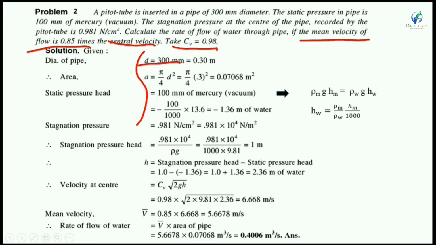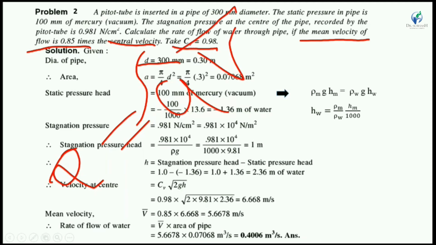Now we write the given data. D, the diameter of the pipe, is given as 300 mm. So we find the cross-section area of the pipe. Finally, we have to find the rate of flow, meaning the discharge Q, and we know the equation of discharge: A V. Here V is the mean velocity.